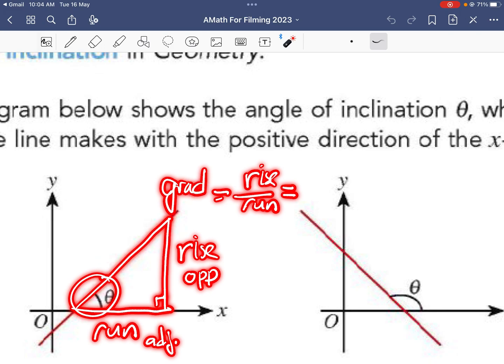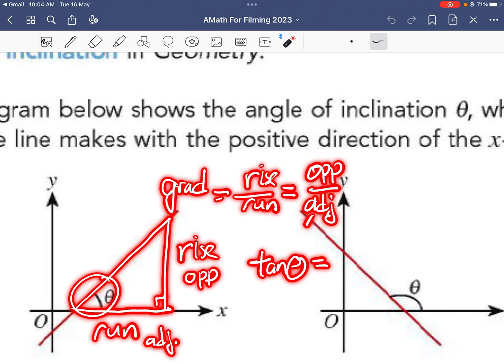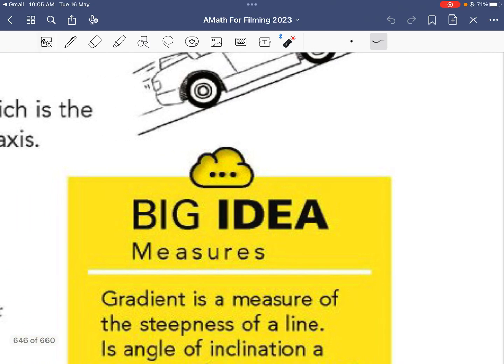So the gradient is rise over run, but not forgetting that rise over run is also the opposite side over the adjacent side. If you remember from trigonometry, opposite over adjacent, what ratio is that? That's the tangent theta ratio. So tangent theta is equal to opposite over adjacent, which is equal to rise over run, which is equal to the gradient of the graph.